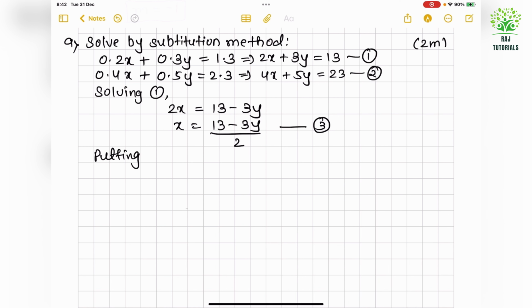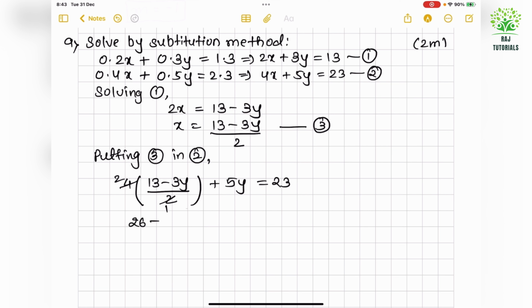Putting 3 in 2, so 4 into 13 minus 3y upon 2. So 2 ones are 2, 2 twos are 4, plus 5y equal to 23. So 26 minus 6y plus 5y equal to 23.